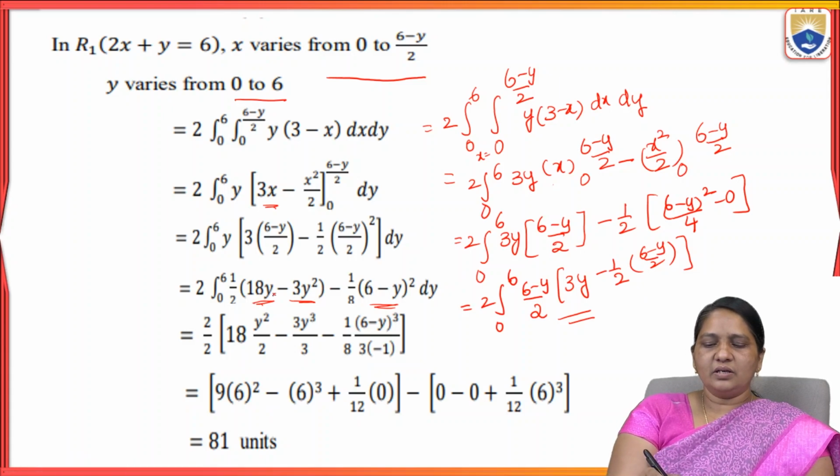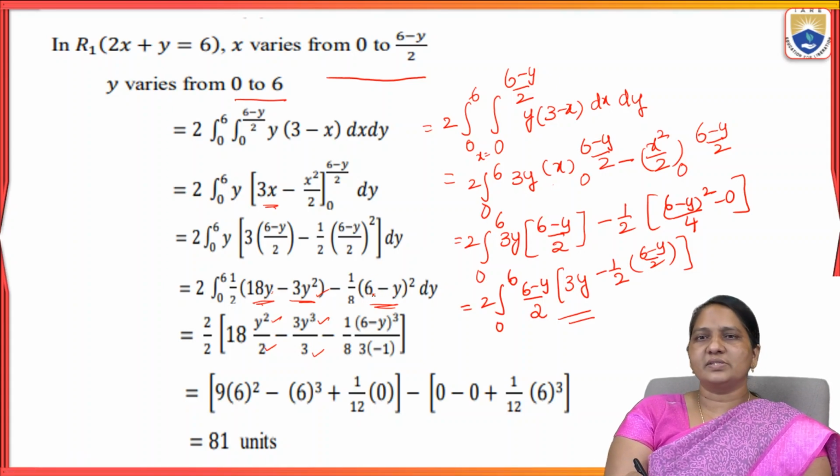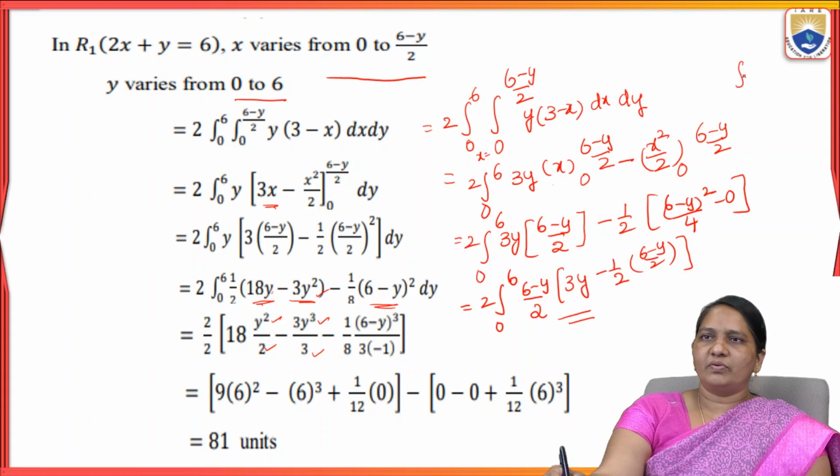So here 18 times the integral of y is y square by 2, and the integral of y square is y cube by 3. You can simplify this, or otherwise do it as it is, because this is a constant and you will get the same integration. For (6 minus y) whole square, we already know the formula: the integral of x power n is x power n plus 1 by n plus 1.